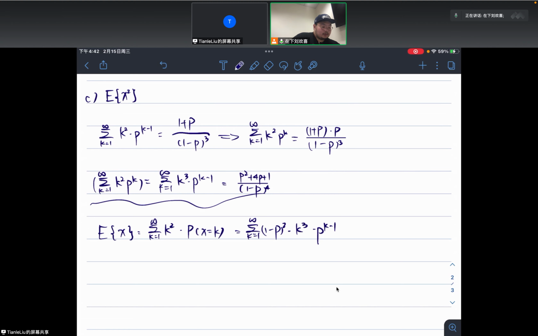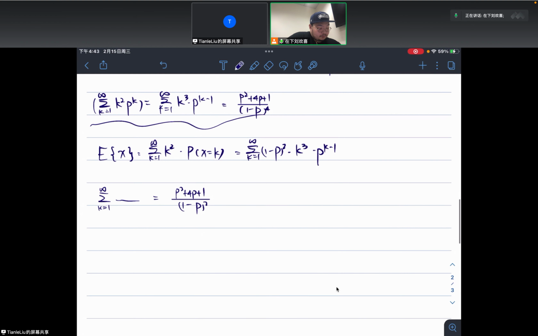Right? This is what we need to find. And now we have this one. So it's obvious that this one will be (1 minus p squared) over (p squared plus 4p plus 1).